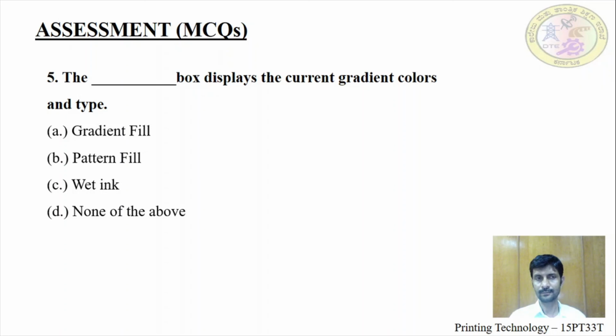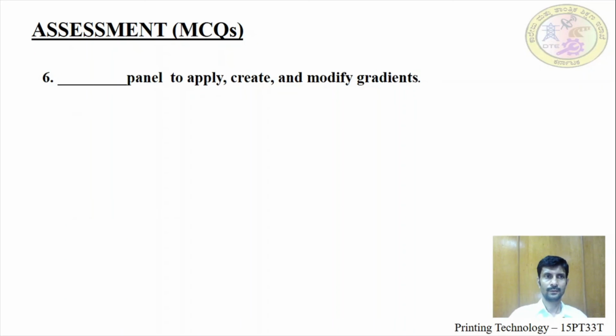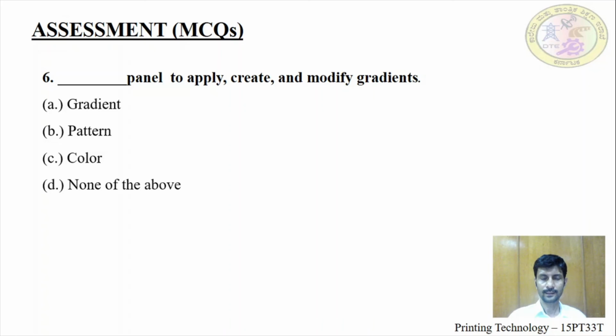It may be available in the Windows menu. Next question, dash panels to apply, create and modify the gradient. The options are gradient, pattern, color, and none of the above. This is also similar to your last question. It is also available in the Windows menu.